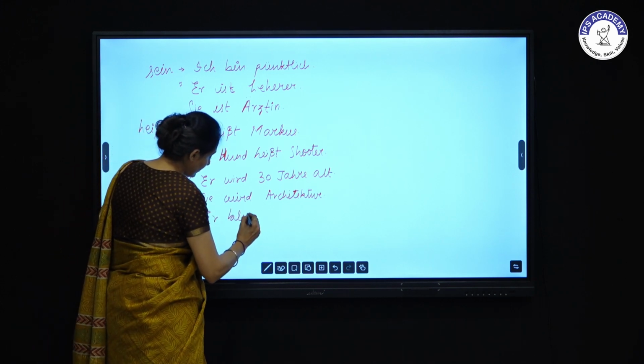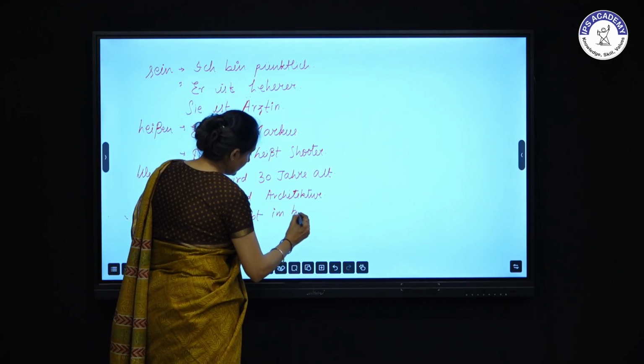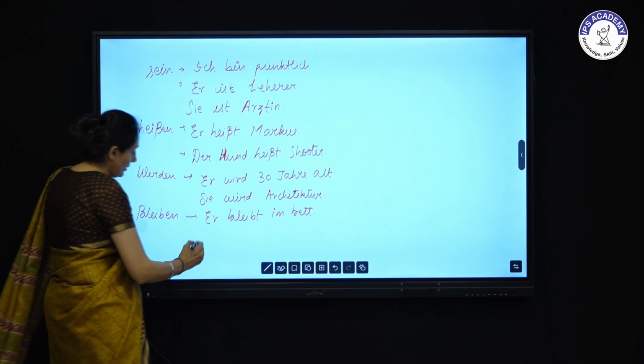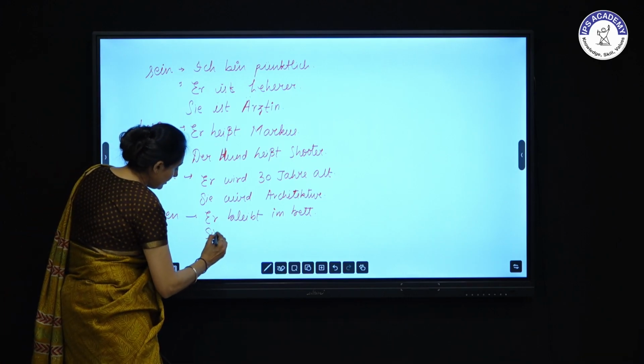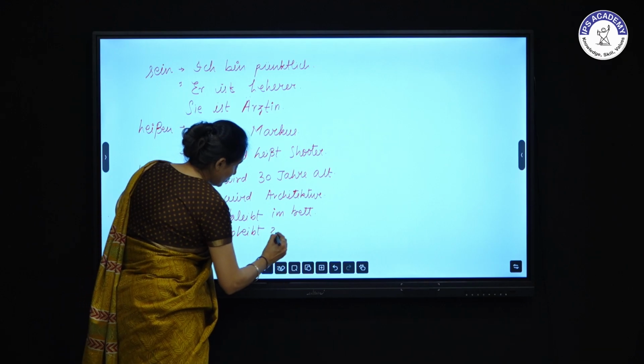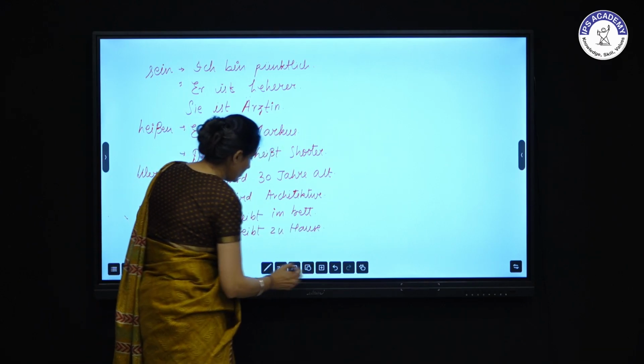Bleibt im Bett, in the bed. Sie bleibt zu Hause, she stays at the house.